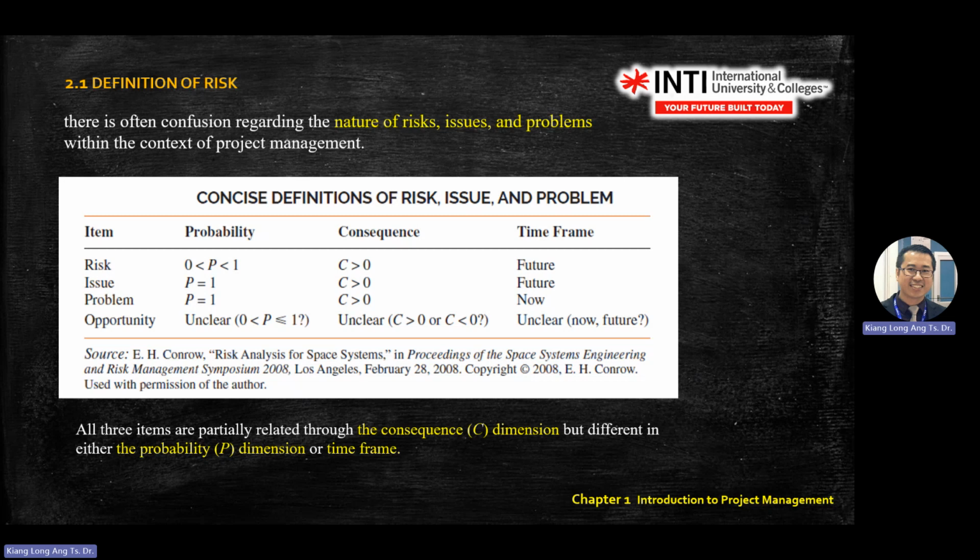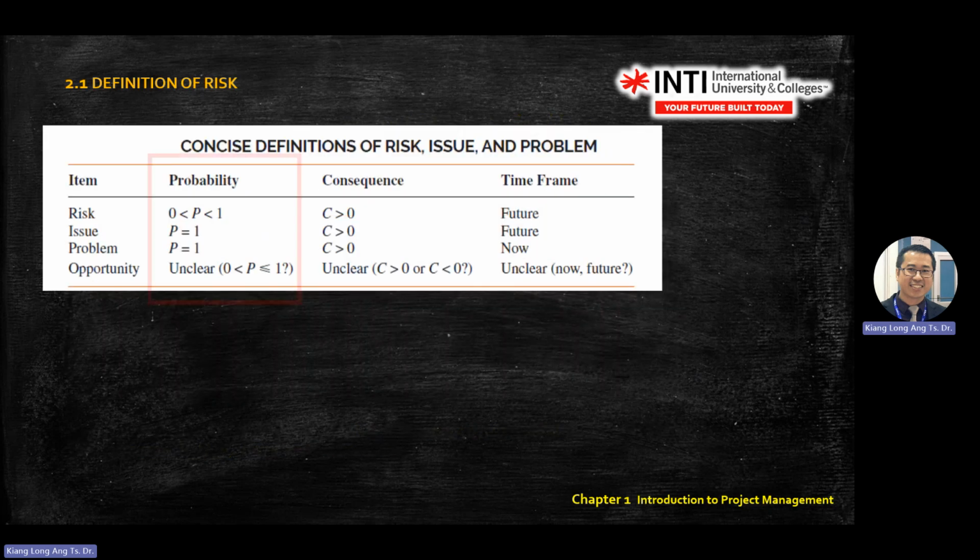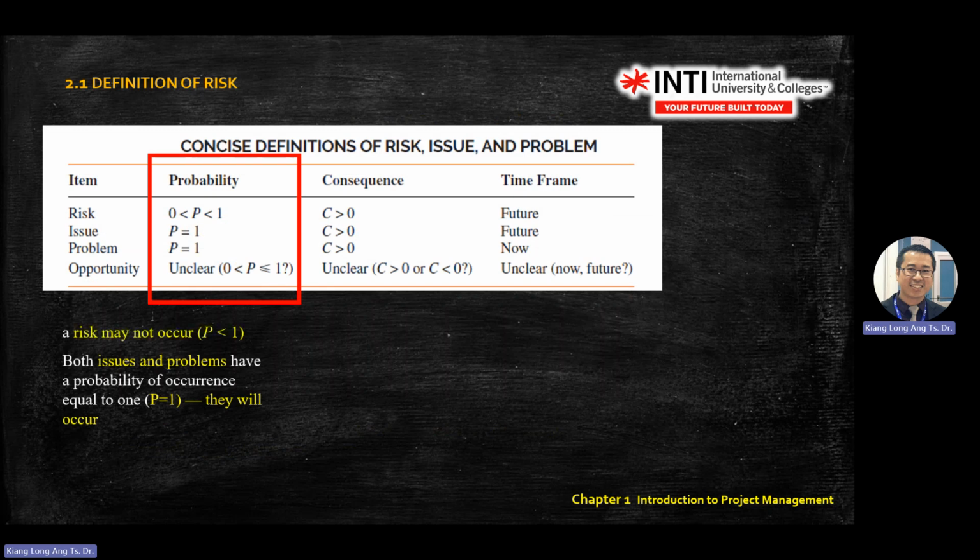It can be now, it can be future. Probability of happening, you don't know. Consequences, you don't know. It's an optimistic projection. Yeah. So this is from space system engineering, where they define the risk, issue, and problems. Okay, the rest you read.